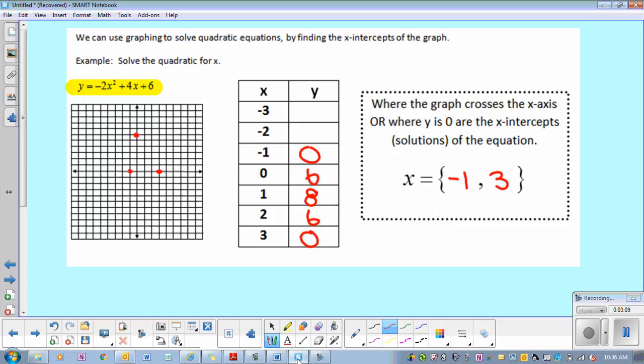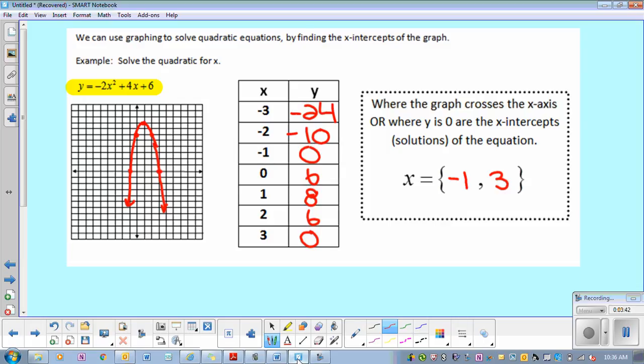Okay, so 1, 8. And 2, 8. What is -2? What's the y for -2? -10. And what's the y for -3? -4. Okay, then you know what? I'm not going to graph those. I'm just going to graph this. And here we go. We'll just kind of eyeball that. Okay?